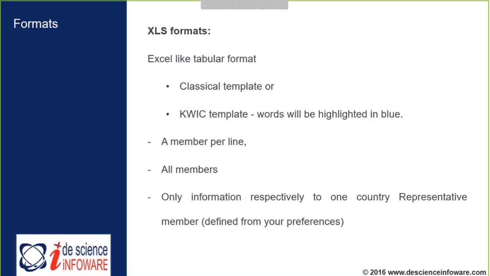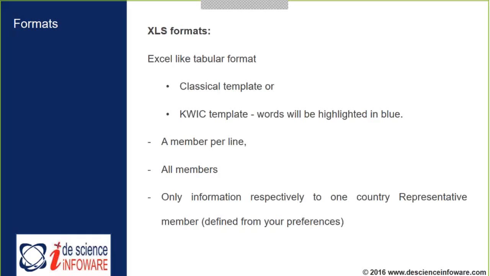We have many options in XLS format, one of which is member per line, which means that if the patent publication has been made in a different country, each country will have a separate row, which can be customized further by way of your data rules itself. We also have one format wherein all members can be represented in a single cell, meaning the entire patent family in a single cell.